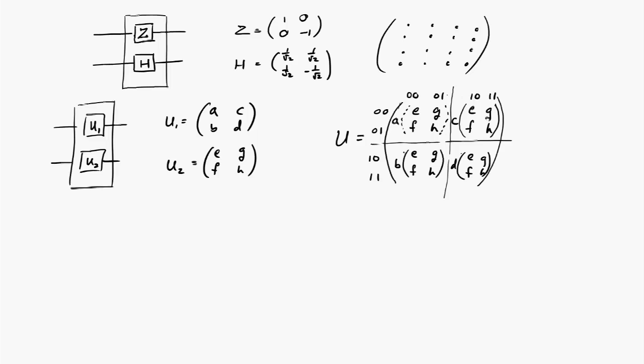It looks like A, B, C, D. That's what we put down here, A, B, C, D. And now what about the second qubit? How does it look? Well, when you fix the first qubit to be 0, then this is where the matrix on the second qubit shows up. It's E, F, G, H, and that's what we did. We have 4 copies of that. We reproduced that matrix 4 times, and we multiplied it by the corresponding entries.